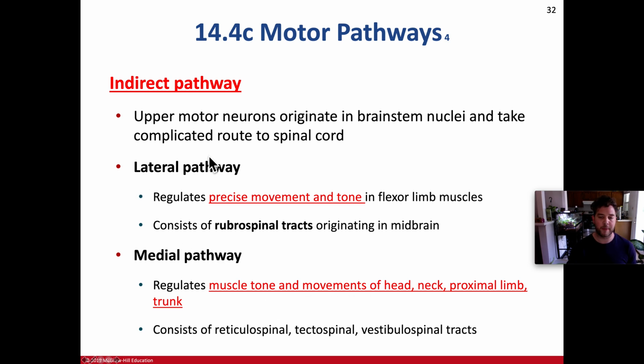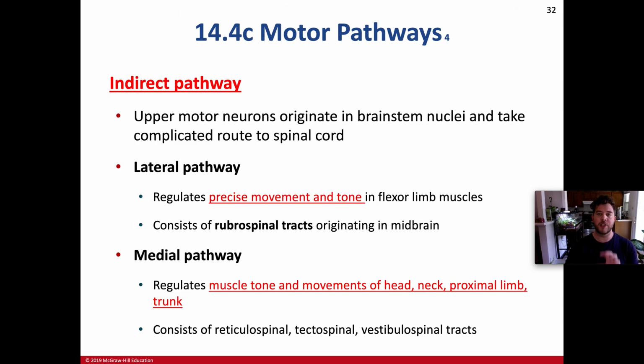So you have your lateral pathway going to the flexor appendicular muscles, your medial pathway doing movements of the head, neck, proximal limb, meaning close, like the upper arm, upper leg, and your trunk. It also has 3 individual tracts that I'm not going to get too specific into. You can read more about them in your book if you would like.